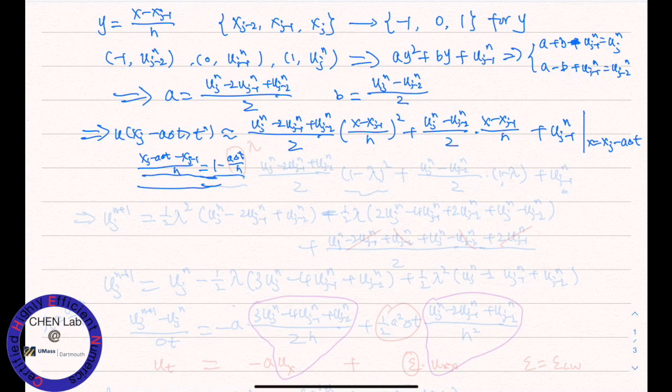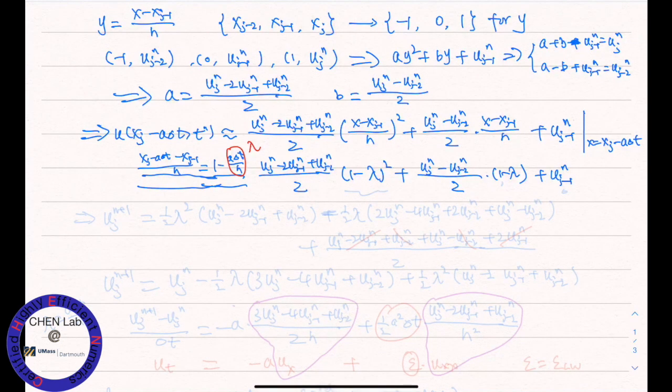That's our lambda, right? If we call that lambda, you are going to get 1/2 (u_j^n minus 2 u_{j-1}^n plus u_{j-2}^n) times (1 minus lambda) squared plus (u_j^n minus u_{j-2}^n) divided by 2 times (1 minus lambda) plus u_{j-1}^n. Okay? So this is our lambda. Okay?